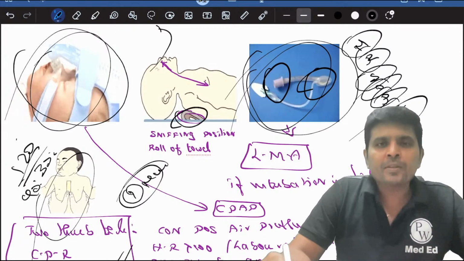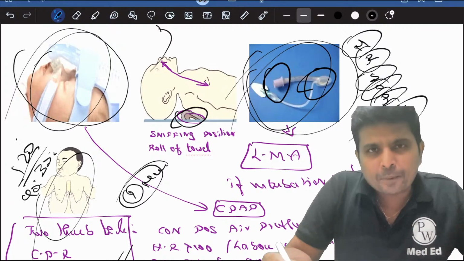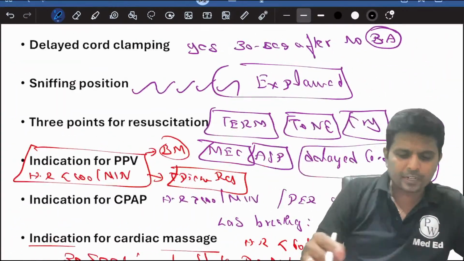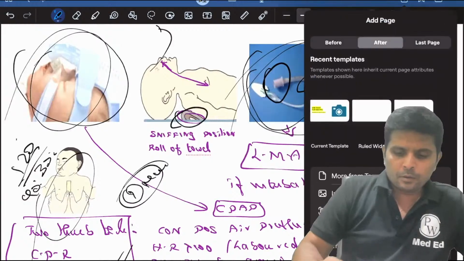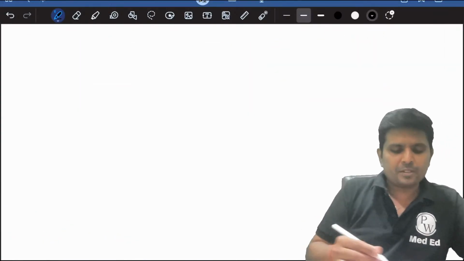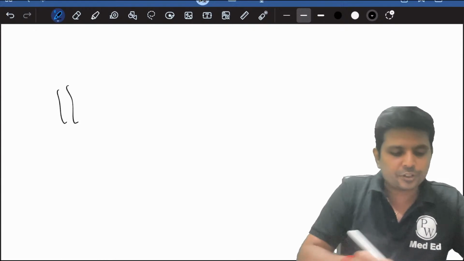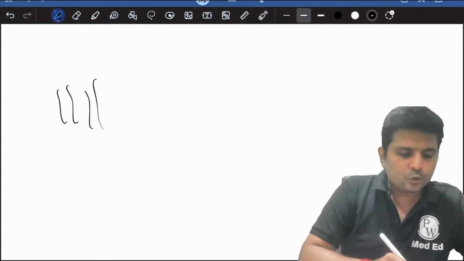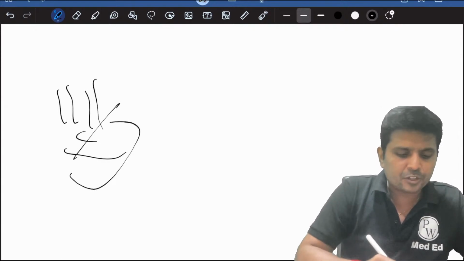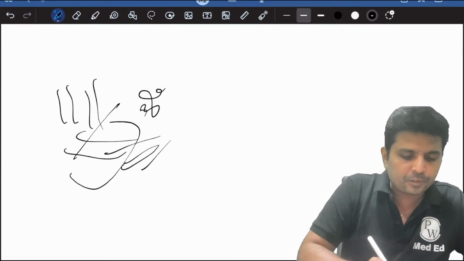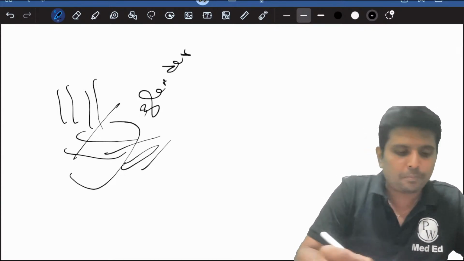What is CPAP? Let me complete it. CPAP is nothing but, remember, you have one line of oxygen and another of air, so that they will be mixed in a chamber called the blender.